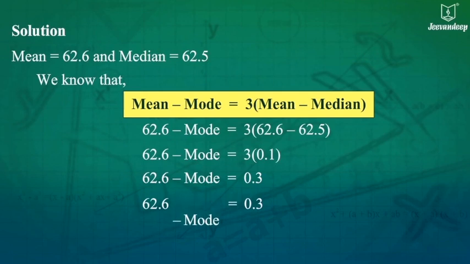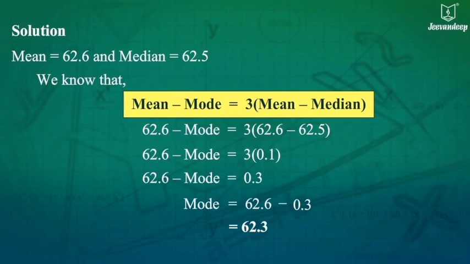Therefore, mode equals 62.6 minus 0.3 equals 62.3. Therefore, mode value for the given frequency distribution is 62.3.